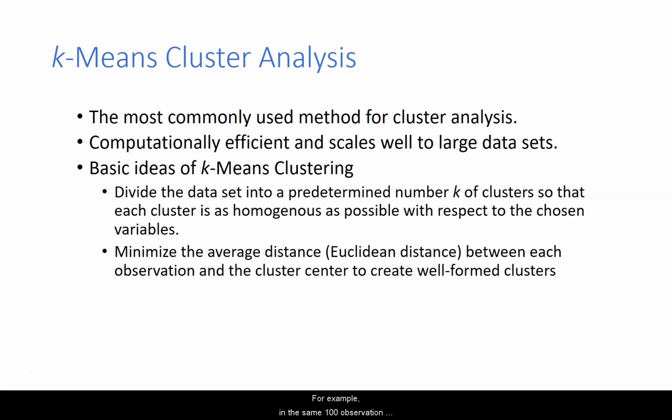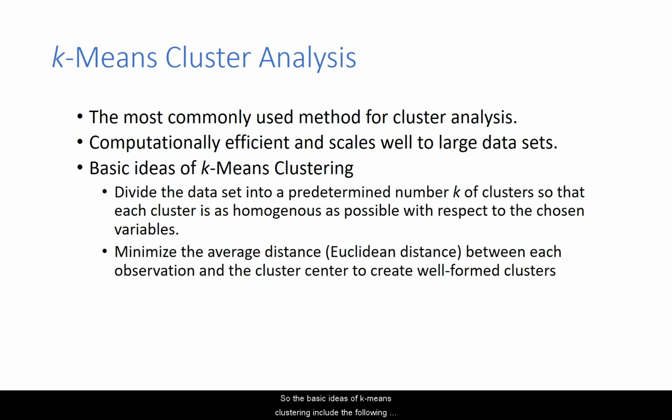For example, in the same 100 observation dataset that we mentioned earlier, if we want to group the observations into 4 clusters, k-means clustering will only need to compute the distances between the 100 observations and 4 cluster centers, or 400 distance measures, during each iteration. Furthermore, due to the iterative process employed in k-means clustering, the resulting cluster structure is usually more stable and less likely to be affected by small changes to the dataset.